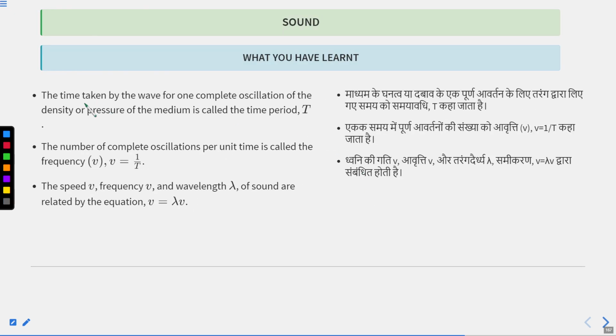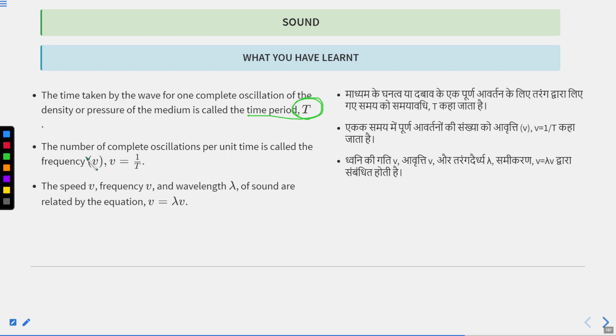The time taken by the wave for one complete oscillation of the density or pressure of the medium is called time period. Another definition is how much time two successive crests or troughs take to pass from one place.